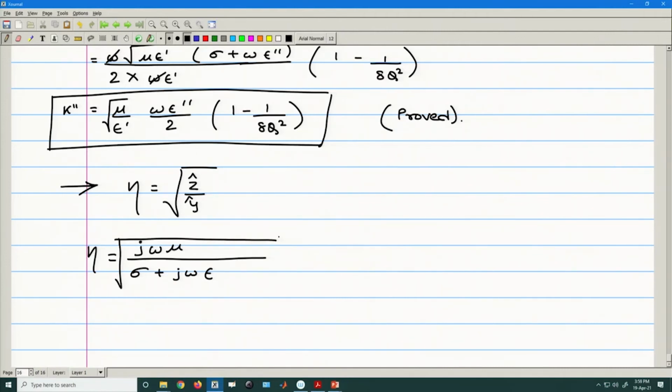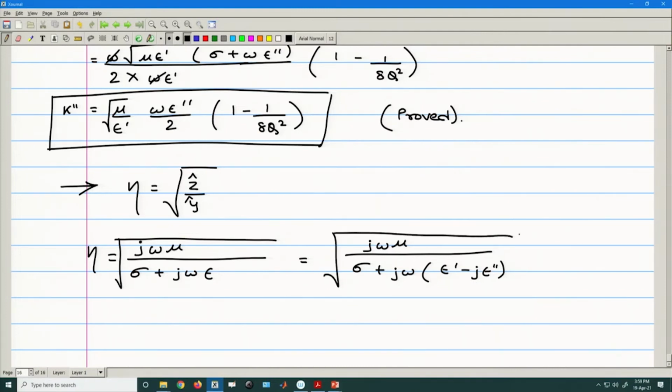This we can write as j omega mu upon sigma plus j omega epsilon prime minus j epsilon double prime. In place of epsilon we are writing epsilon prime minus j epsilon double prime.